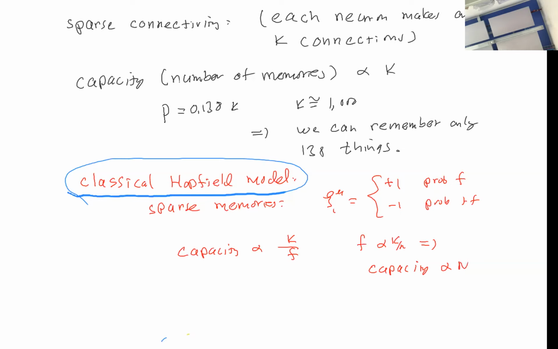Okay. So it turns out that for more realistic models, capacity really does scale as 1 over K. It really is proportional to K. And we'll see that in a little while.